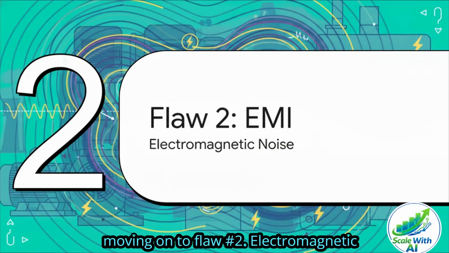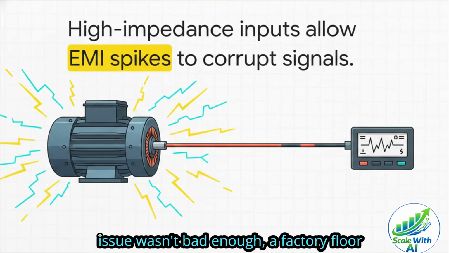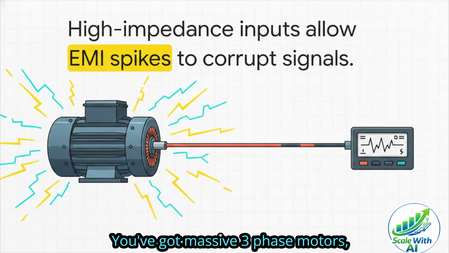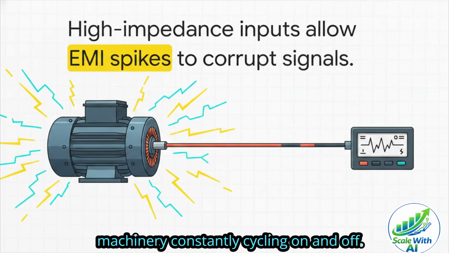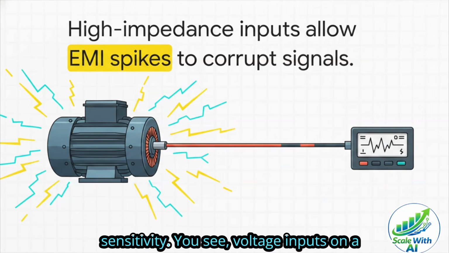All right, moving on to flaw number 2, electromagnetic interference, or EMI. As if the distance issue wasn't bad enough, a factory floor is essentially a giant magnetic storm. You've got massive 3-phase motors, variable frequency drives, and heavy machinery constantly cycling on and off. The physics problem here is noise sensitivity.